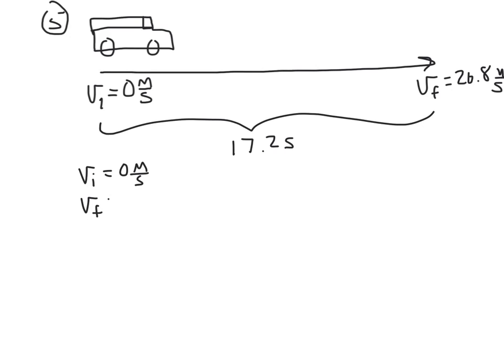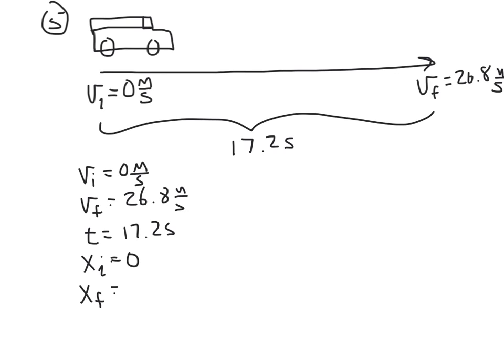So let's redraw what we know. Velocity initial is equal to 0 meters per second. Velocity final is equal to 26.8 meters per second. And our time is equal to 17.2 seconds. Our x initial is equal to 0.